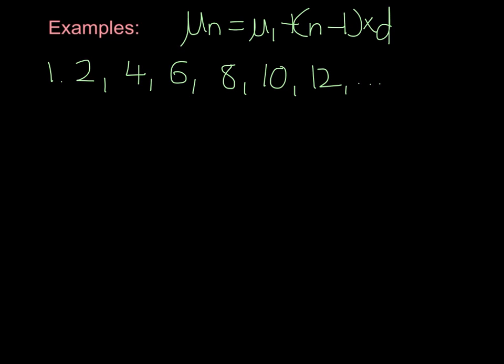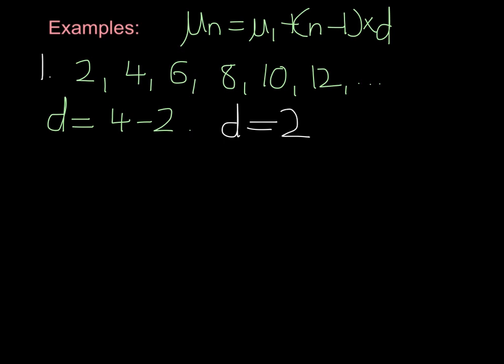So first we need to find d. So d would be 4 minus 2. This means that d equals 2. Let's write this in another color so that we don't get confused. That's exercise 1, and we have the answer for d.